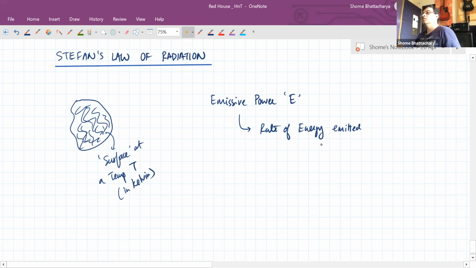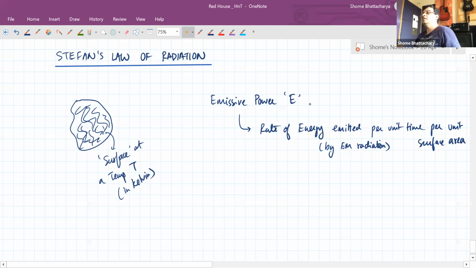that is by electromagnetic radiation, or basically by just releasing photons. So rate of energy emitted per unit time, per unit surface area.